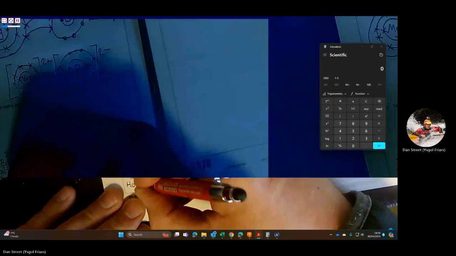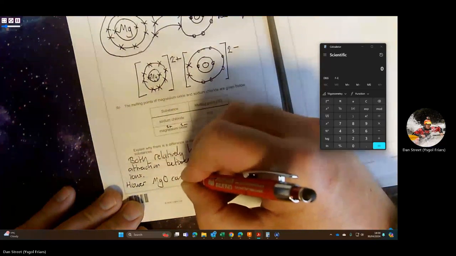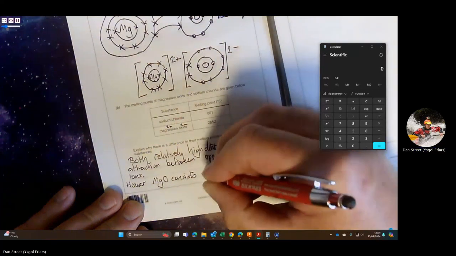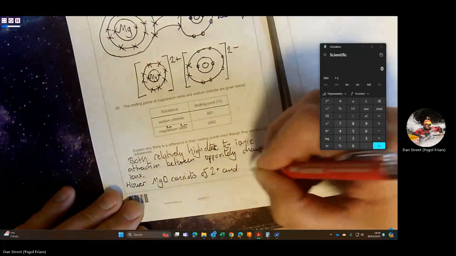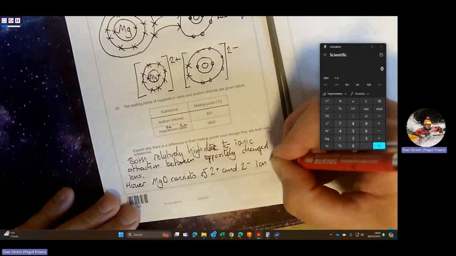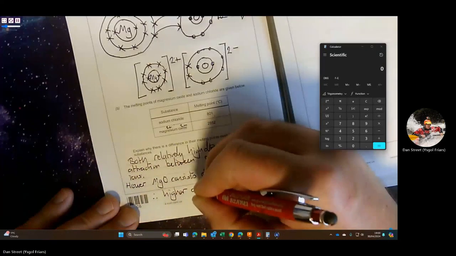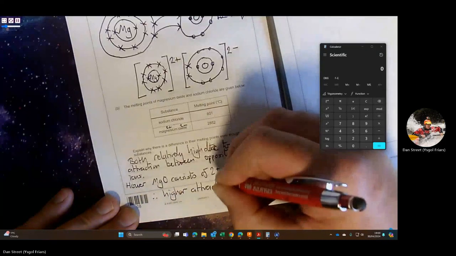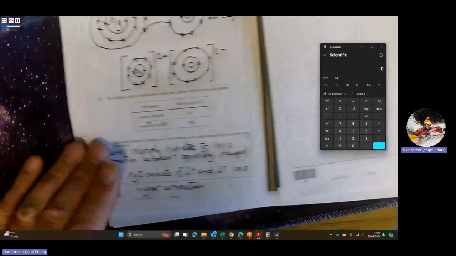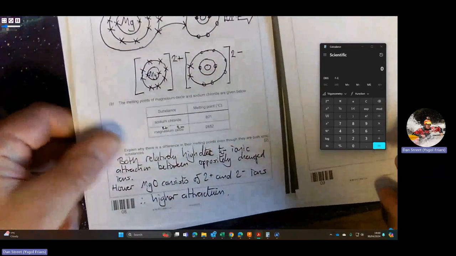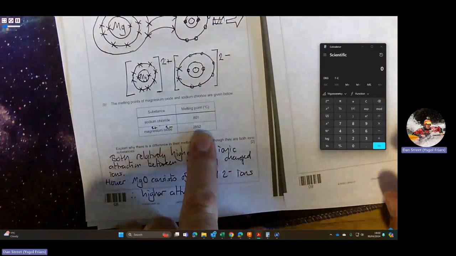However, MgO consists of 2 plus and 2 minus ions, therefore higher attraction. More attraction. So the double charge in both instances makes the attraction between the ions even greater, which is why we have this inflated melting point.